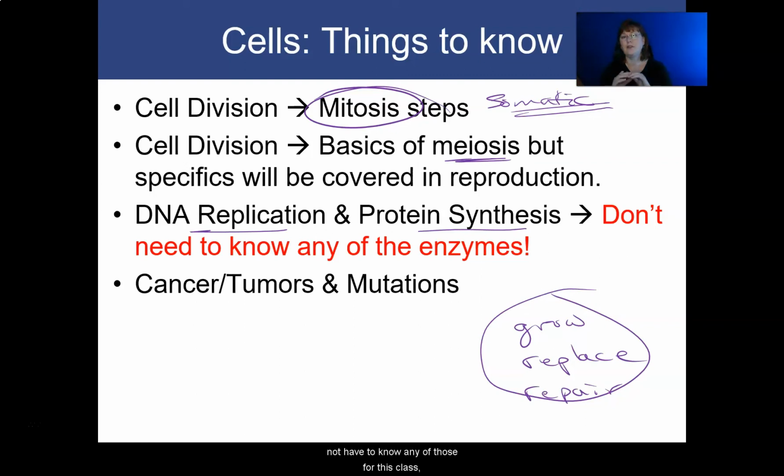You do not have to know any of those for this class. Okay, I stress that. You do not need to know the enzymes or proteins involved in DNA replication or protein synthesis. You just need to know the major steps and the major players. So for example, in protein synthesis, you do need to know the different types of RNA, but you don't need to know the enzymes involved. So let's get into mitosis.